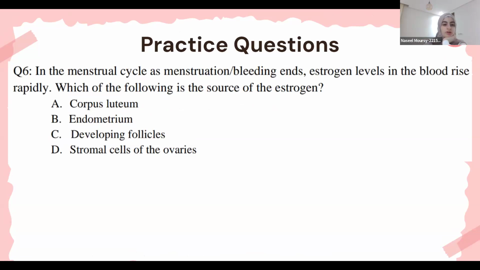D. Are you sure? Keep in mind the timeline, okay? So you're not sure. Okay. So here we're talking about when menstruation ends, not at the end of the menstrual cycle. There's a difference. Okay. Any other guesses?